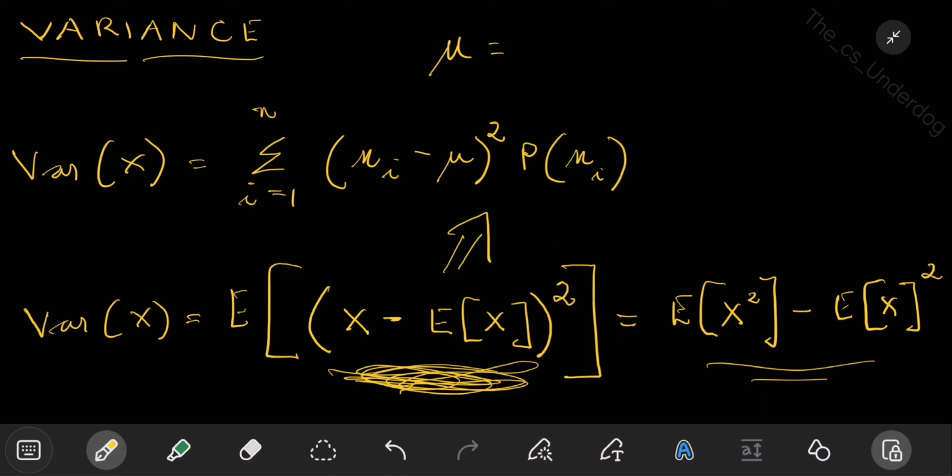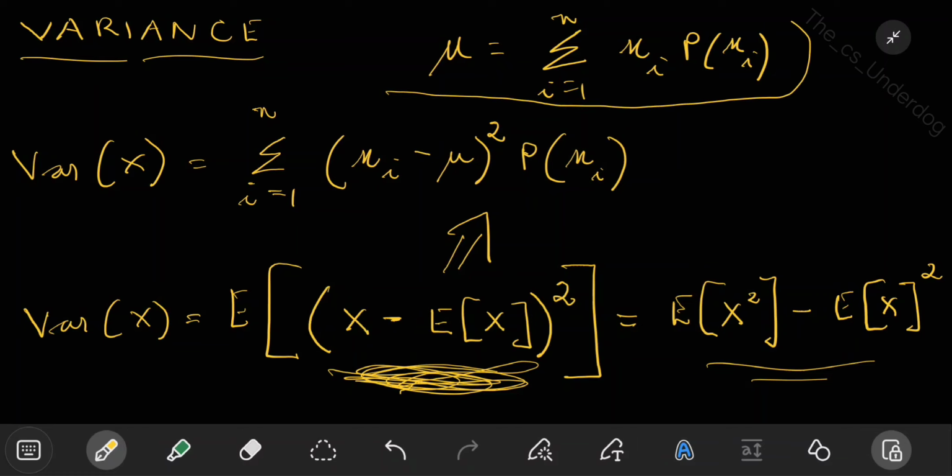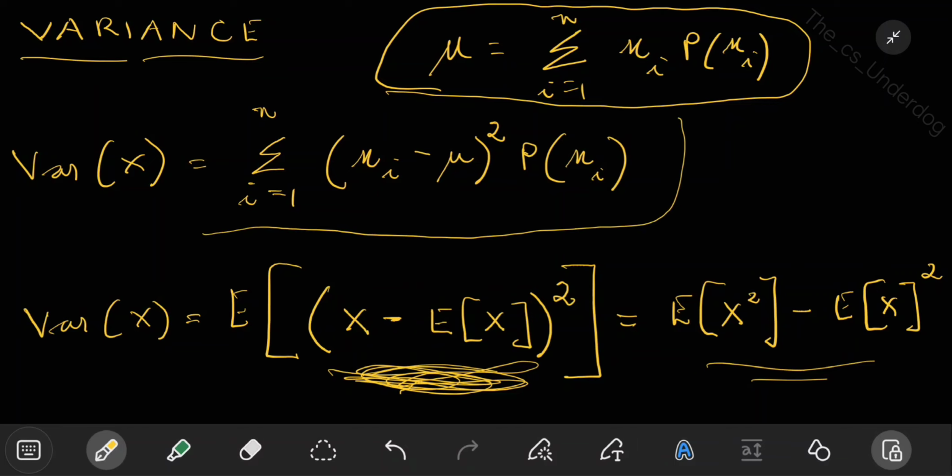Mu is your mean or expected value, that is sigma i equal to 1 to n, considering there are n points, xi into p of xi. This is your mean, okay? You want to use this mean value here in mu, okay? Then if you calculate this, that is sigma i equal to 1 to n, xi minus mu the whole square into p of xi. This is how you calculate this, okay?